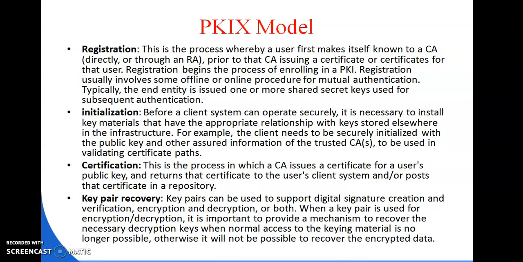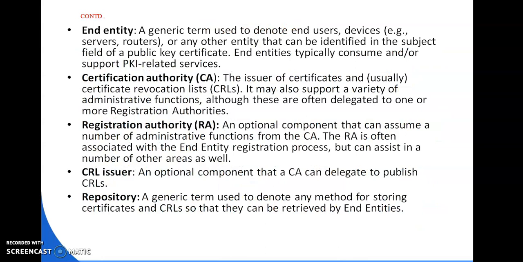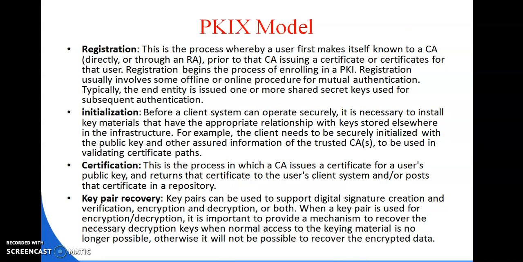Next is the PKIX model. These are the methods through which, first is the registration process, then initialization, then certification, then key pair recovery. In the PKIX model, first comes the registration process.